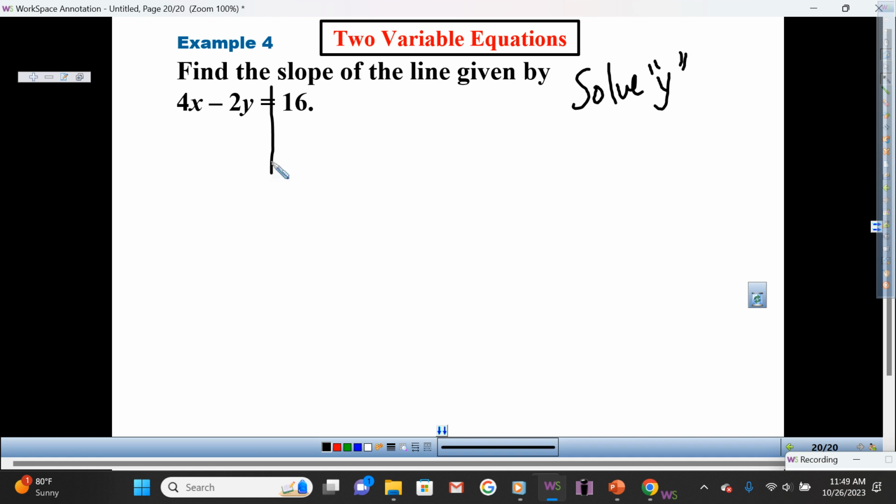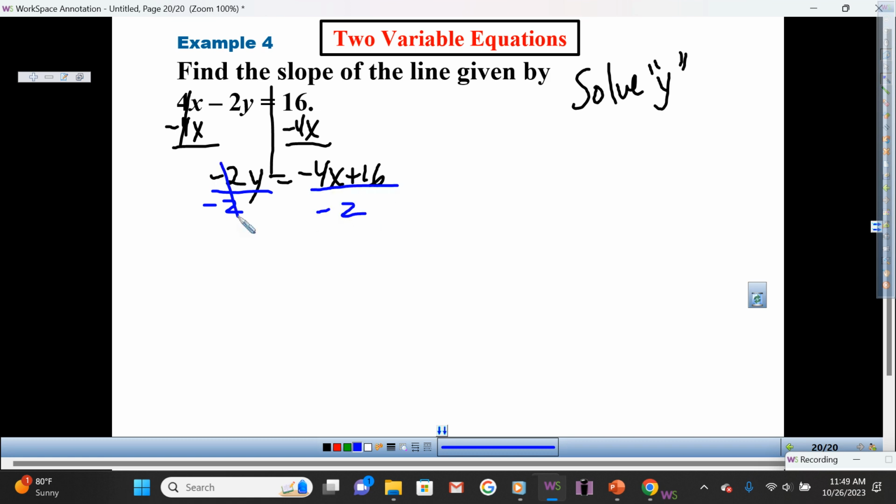What do I do? Get rid of x, yes? So, minus 4x, minus 4x. We got negative 2y equals negative 4x plus 16. What's my next step? Divide by negative 2. Divide by negative 2. Therefore, y equals 2x minus 8.